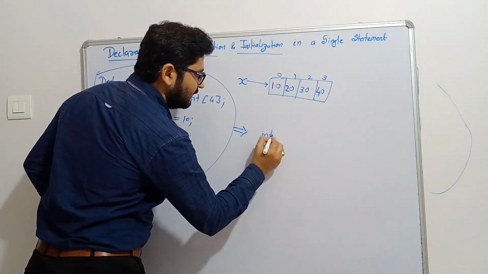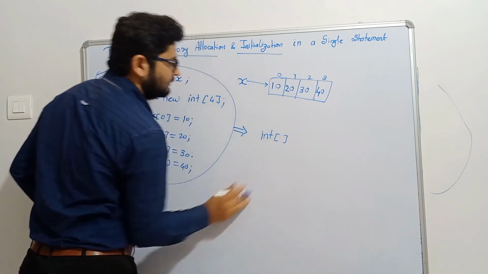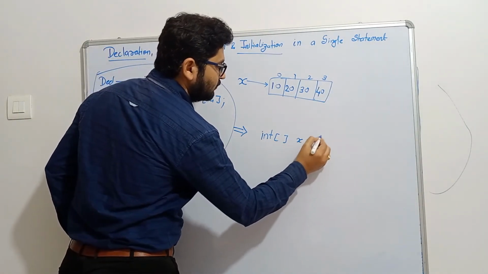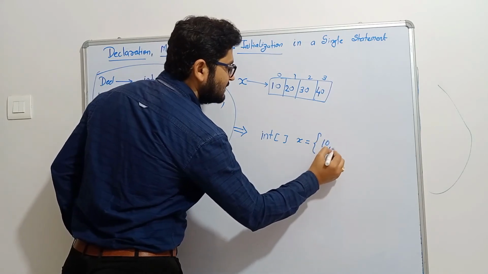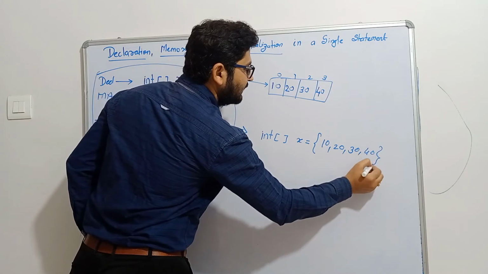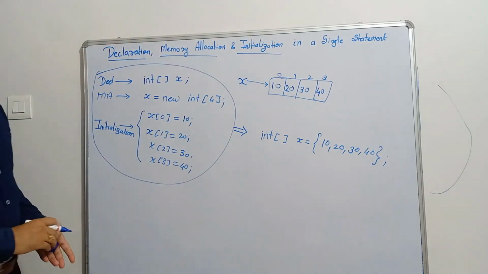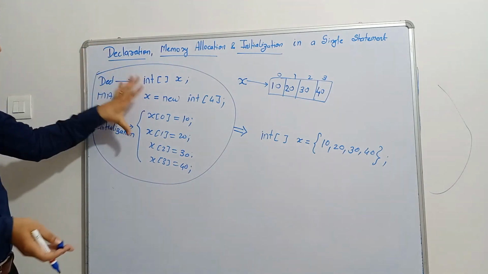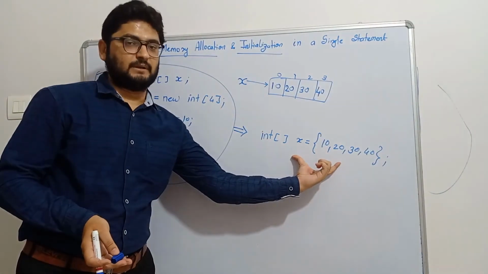So first you write int, that is the data type, then opening and closing square bracket, x is equal to opening curly bracket, elements of array, and finally semicolon. So in this way, whatever we have done in this 6th statement, the same thing can be done in this one statement.